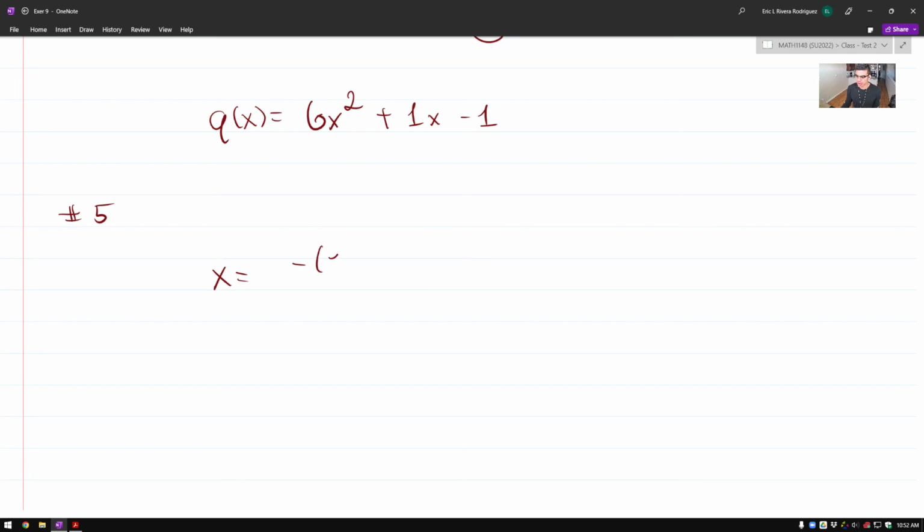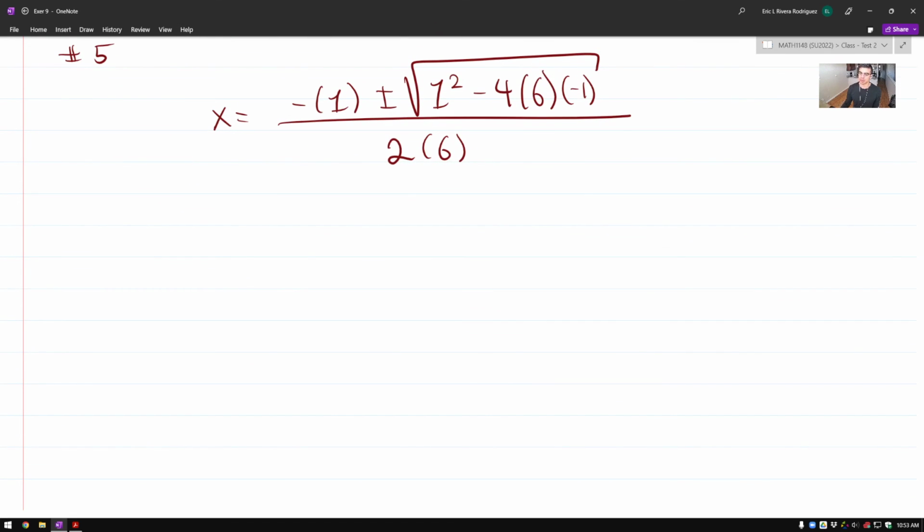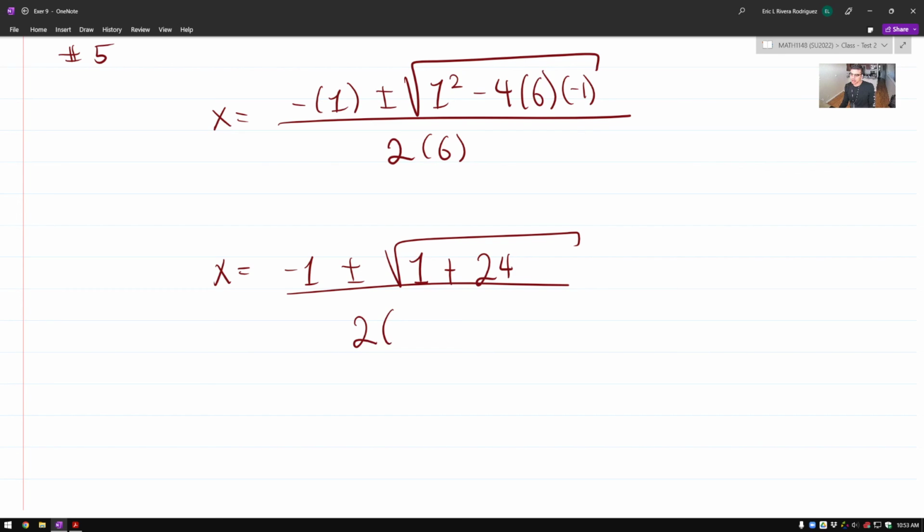The quadratic formula here is going to be negative 1 plus or minus the square root of 1 squared minus 4 times 6 times negative 1, all divided by 2 times 6. And then we solve the formula. So minus 1 plus or minus the square root of 1 minus, this is a negative times a negative, so positive. 4 times 6 is 24. 2 times 6 is 12.